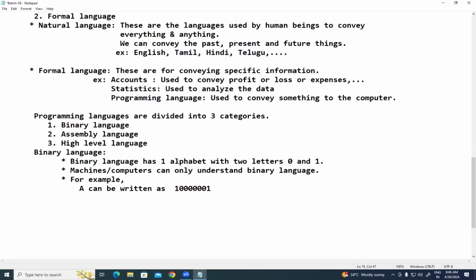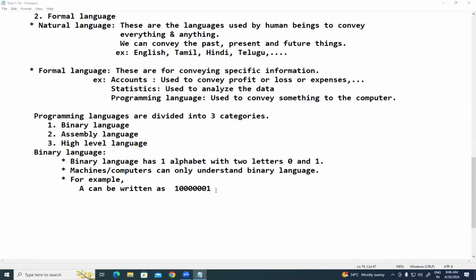This is A. In binary language, A means like this. Able to follow me, folks? Totally you got 8 digits, right? 1 byte means 8 bits. This is the way you write the letter A. Folks, am I clear?